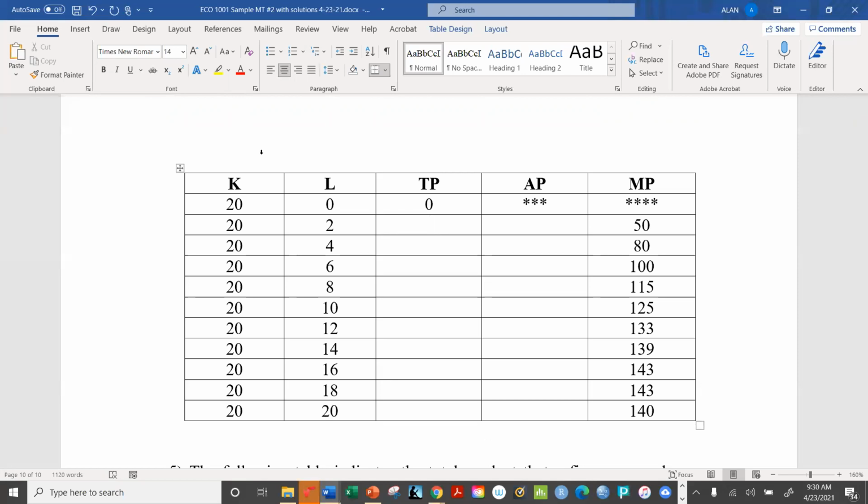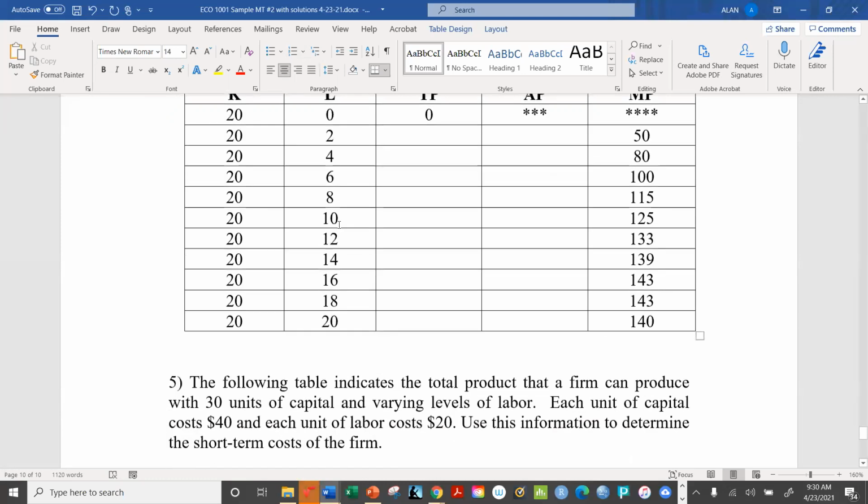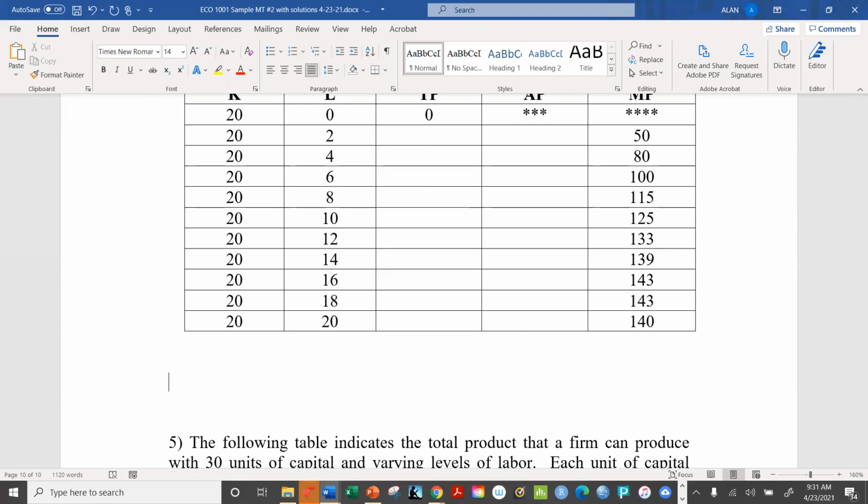If the marginal product of the second unit of labor is, let me write out the formula real fast. Marginal product of labor.